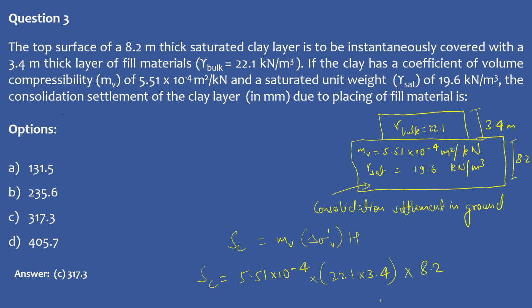So mv is given to you, delta sigma dash v is given to you, and the height is given to you. So let's calculate this.